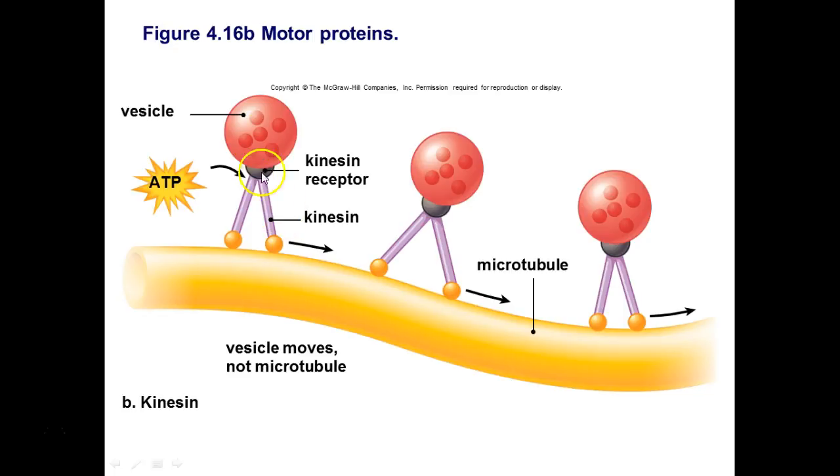So it's going to be picked up by a kinesin molecule, and with the help of ATP, because it'll need energy to walk along here, it will walk along this microtubule and deliver the vesicle to the Golgi apparatus. So our last word is kinesin, K-I-N-E-S-I-N, kinesin.